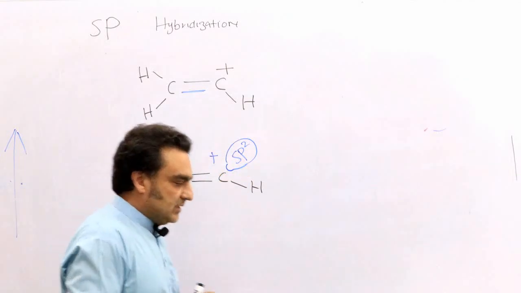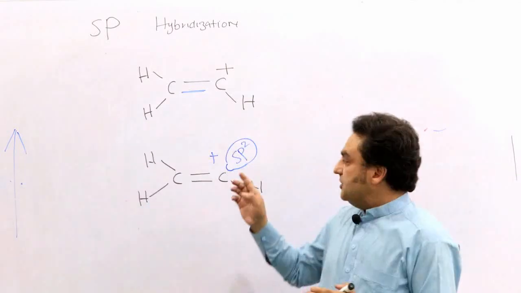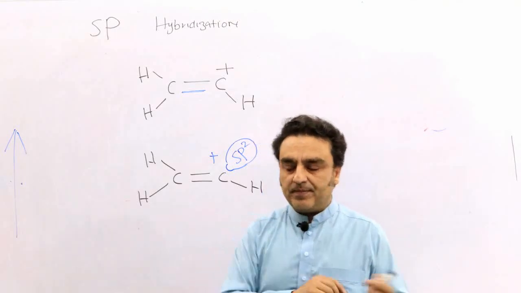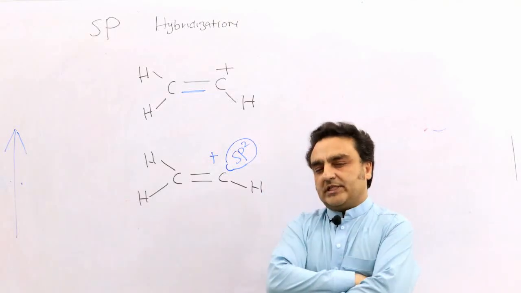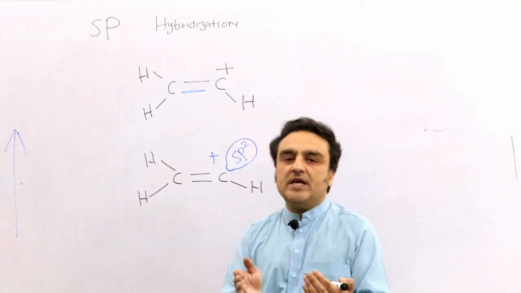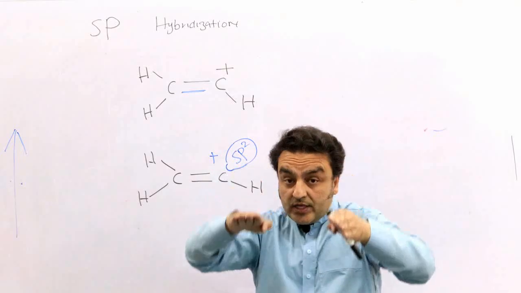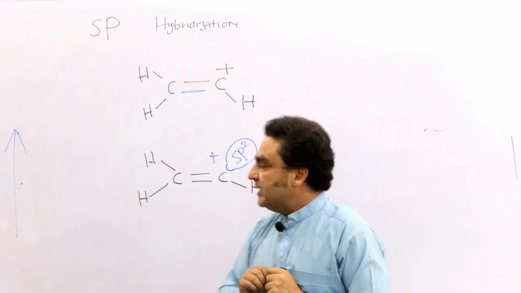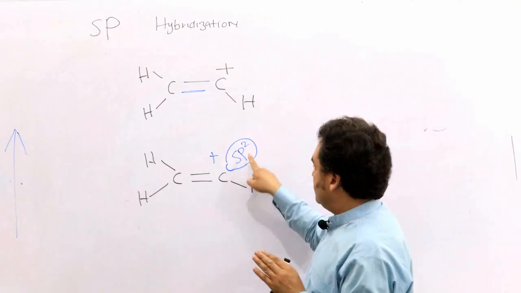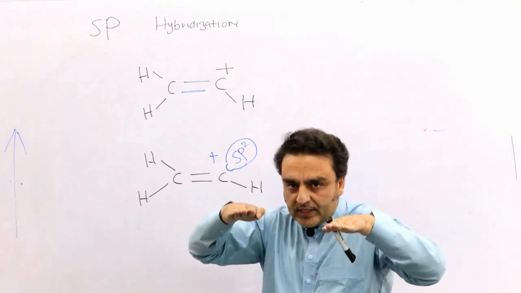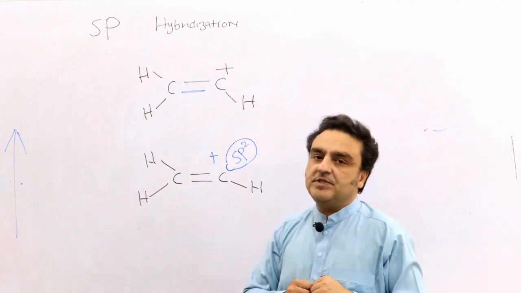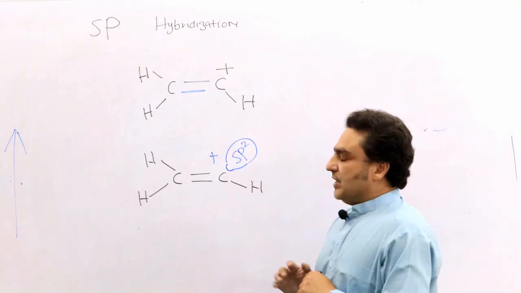Now what will happen, and this is a very important orbital, the sp hybridized orbital. The molecule doesn't have an electron, so it should, the sp hybridized orbital, as you know, is very low in energy. This is an sp2 hybridized orbital, and an sp2 hybridized orbital is very much lower in energy than an sp3 hybridized orbital.